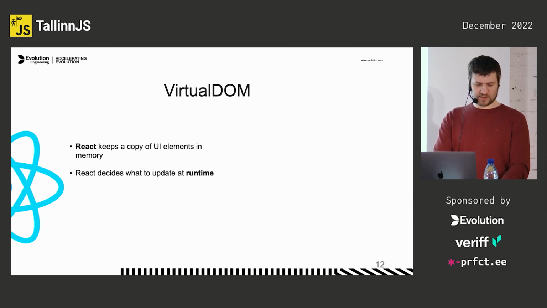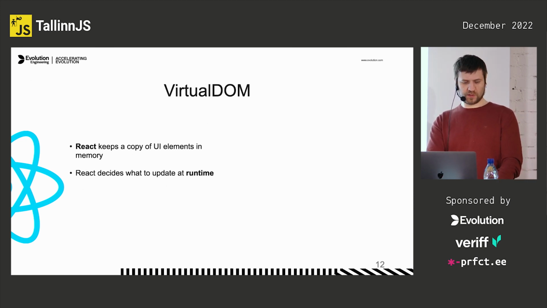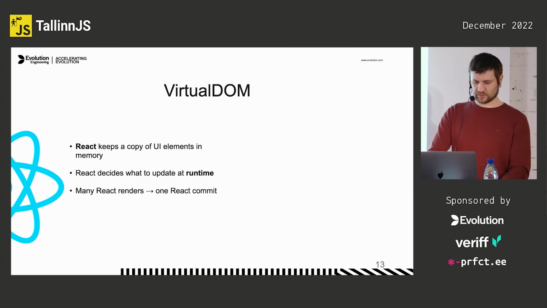This algorithm isn't very cheap. It has a lot of optimizations, but it isn't very cheap. As I remember, the complexity is O(n). React can also batch our renders into one. It's called the commit stage. Many React renders can give us only one React commit, and it takes additional memory and CPU time.